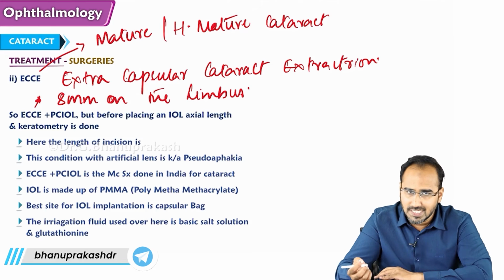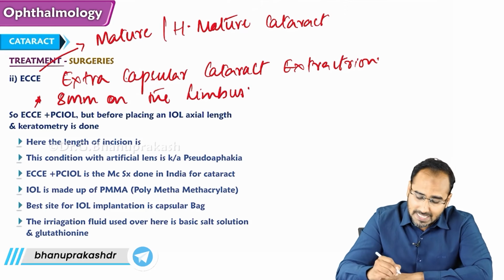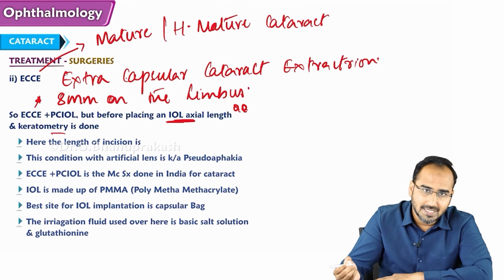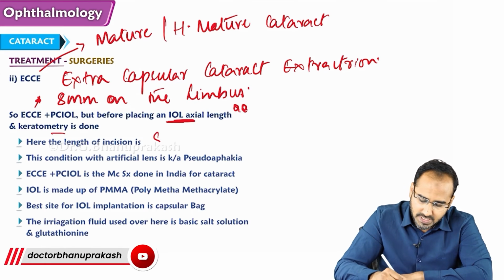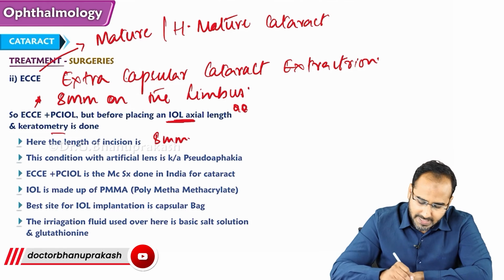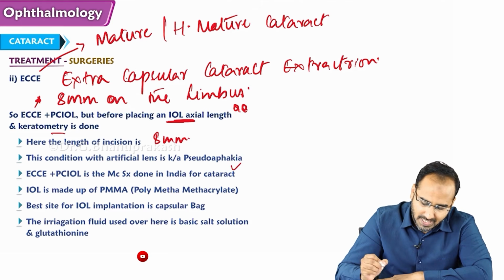Once the cataract lens is removed, we have to replace the lens with a normal intraocular lens. But before placing an IOL, this is very important, guys. Two things have to be done. You have to check the axial length and keratometry, right? Here the length of incision is 8 mm, right? So ECCE plus PCIOL is the most commonly done surgery for cataract.